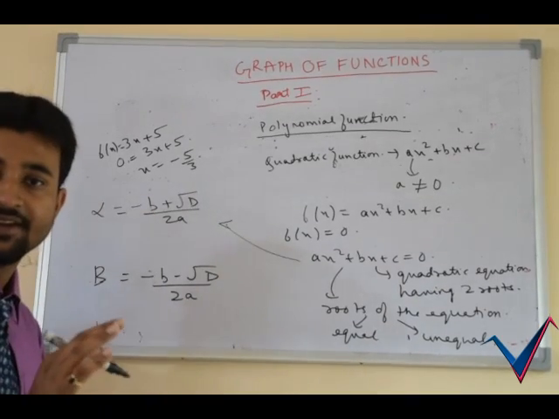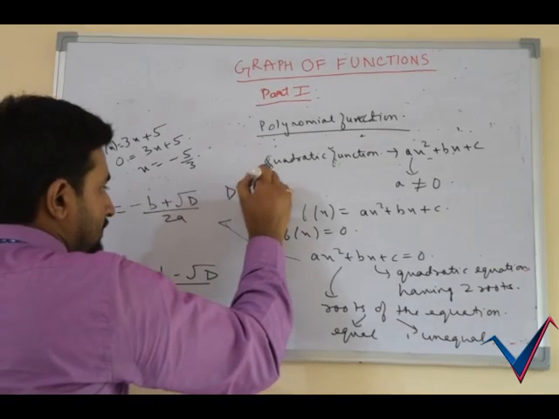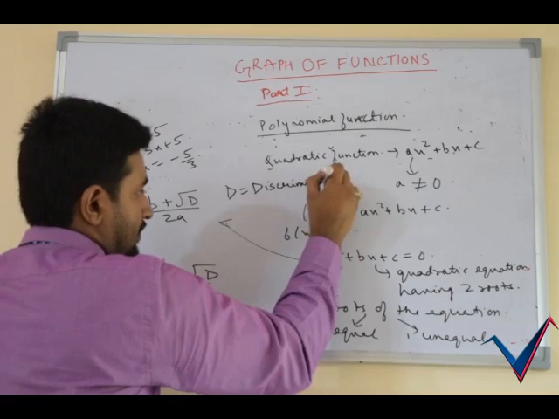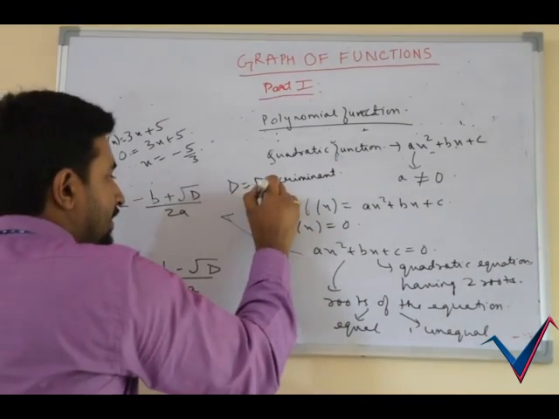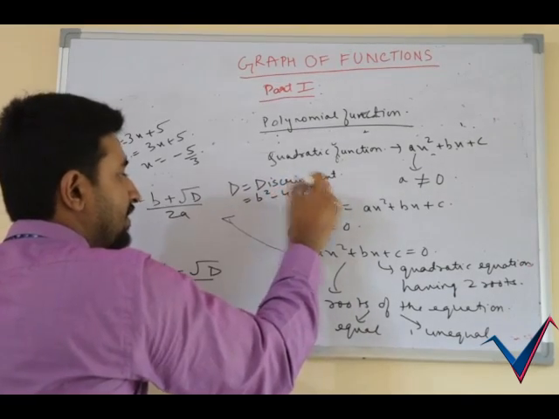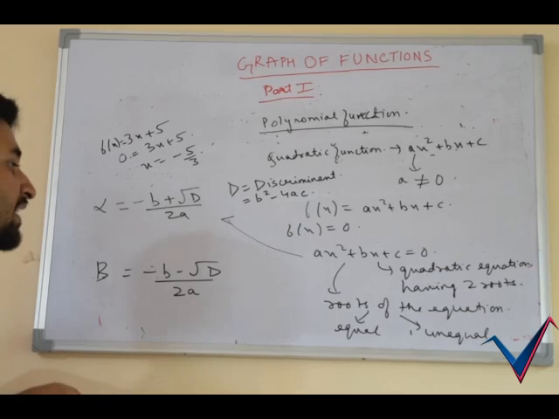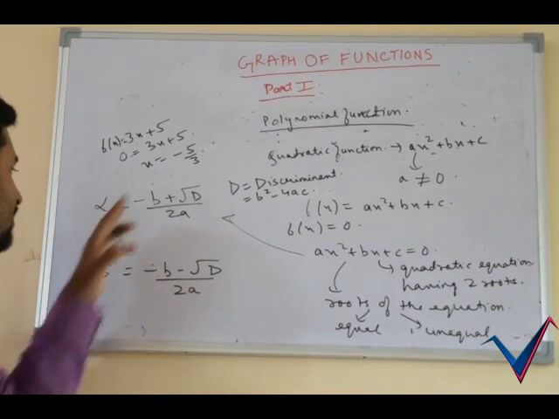What is d here? d is called the discriminant, and the value of d is b square minus 4ac. You might have a little knowledge about it.